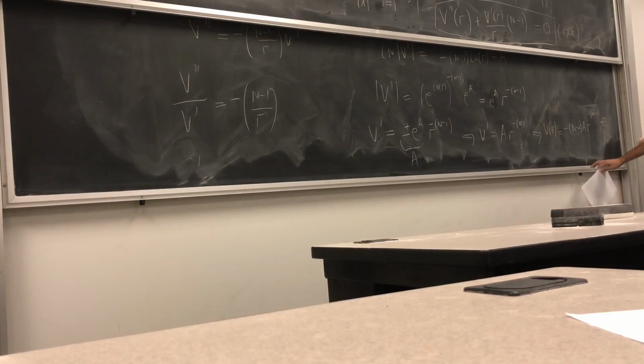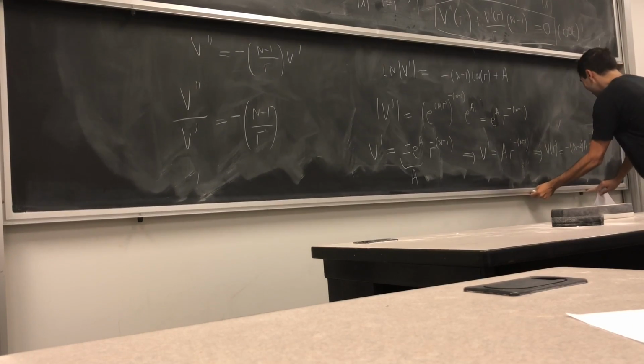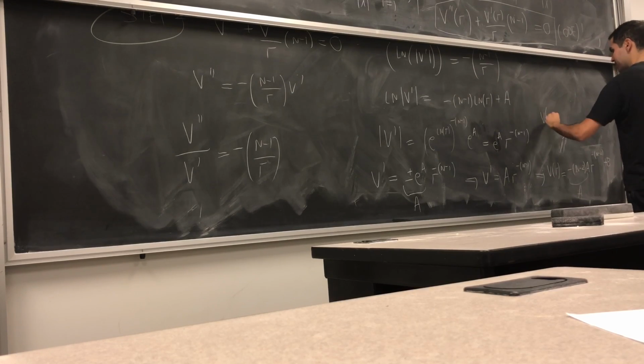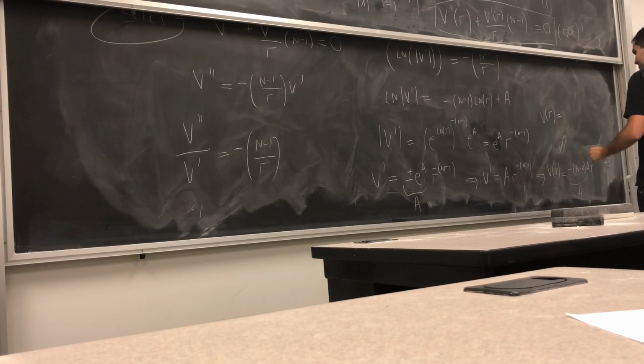Again, there is a caveat, so if you know it, don't say it, okay? But again, the a is a generic constant, so this also becomes a generic constant. Let's relabel this as a. So you get v of r is a r to the minus n minus 2 plus b.